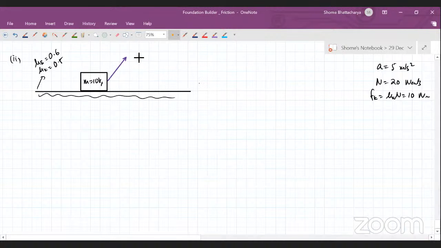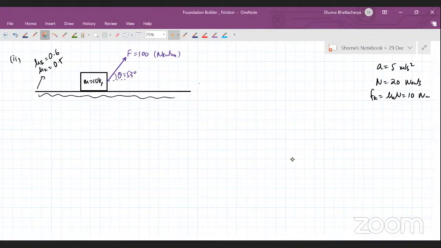So now this time we are applying a force like this of 100 newtons at an angle of 53 degrees.